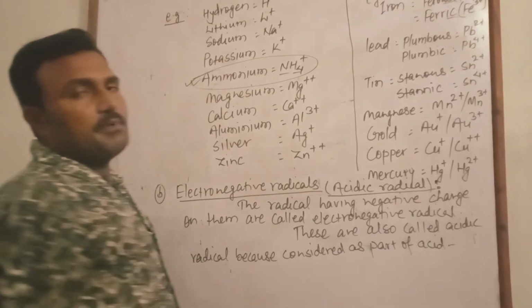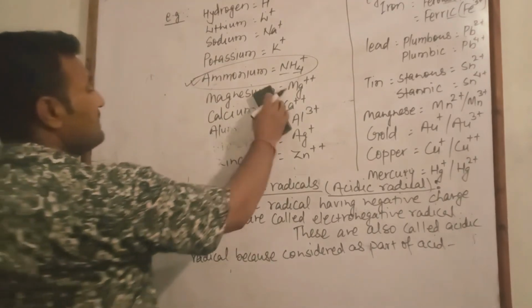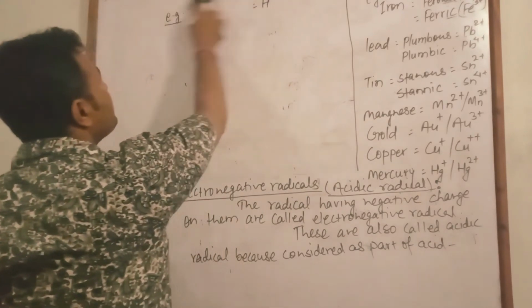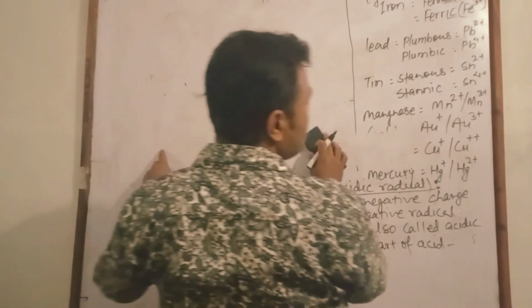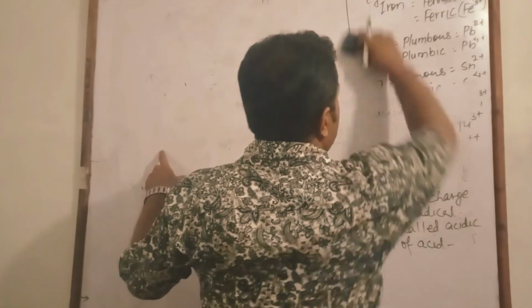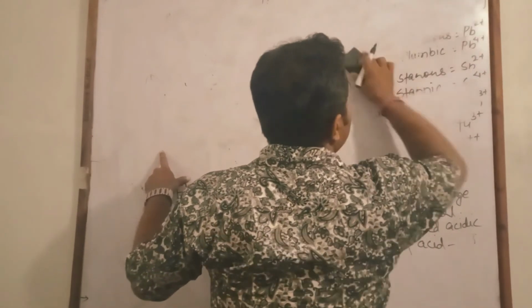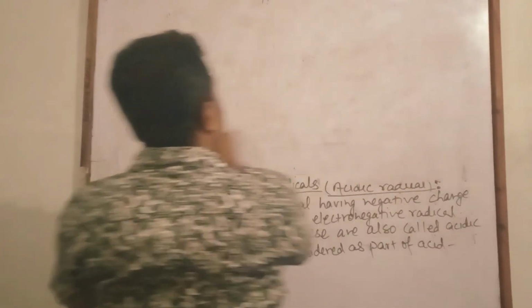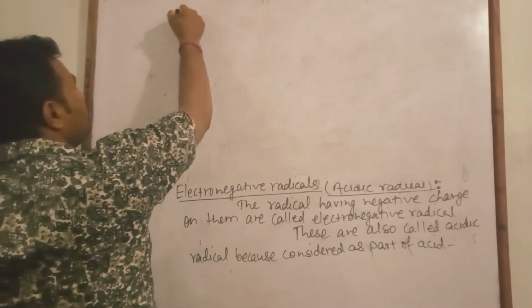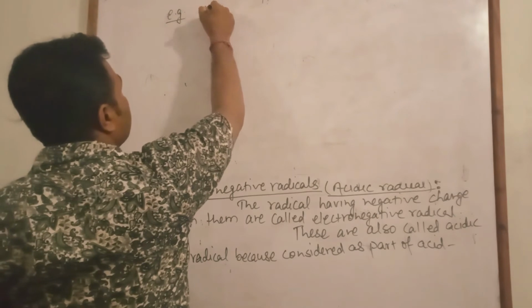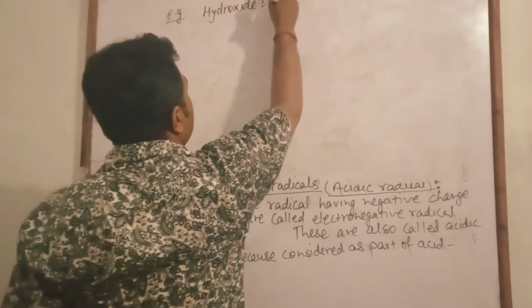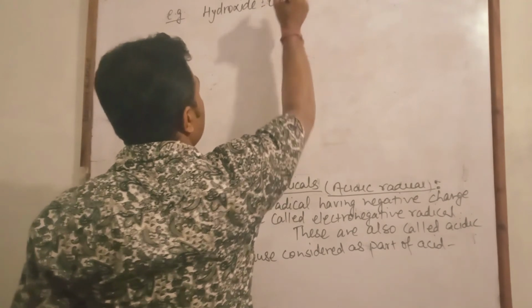A large number of electronegative radicals exist. Here we discuss some important electronegative radicals which are most essential to know for the molecular formula of compounds. Examples of electronegative radicals are hydroxide, a compound radical made up of oxygen and hydrogen, OH minus.